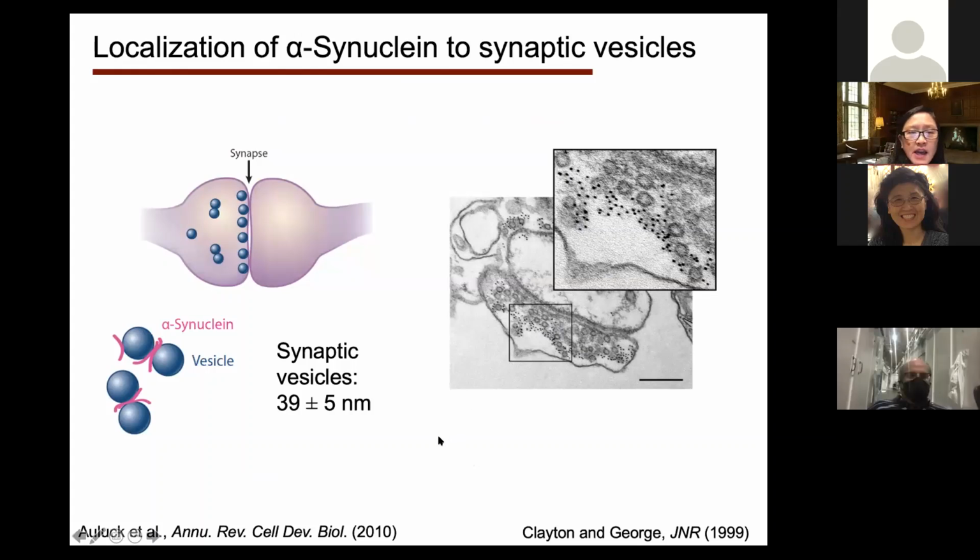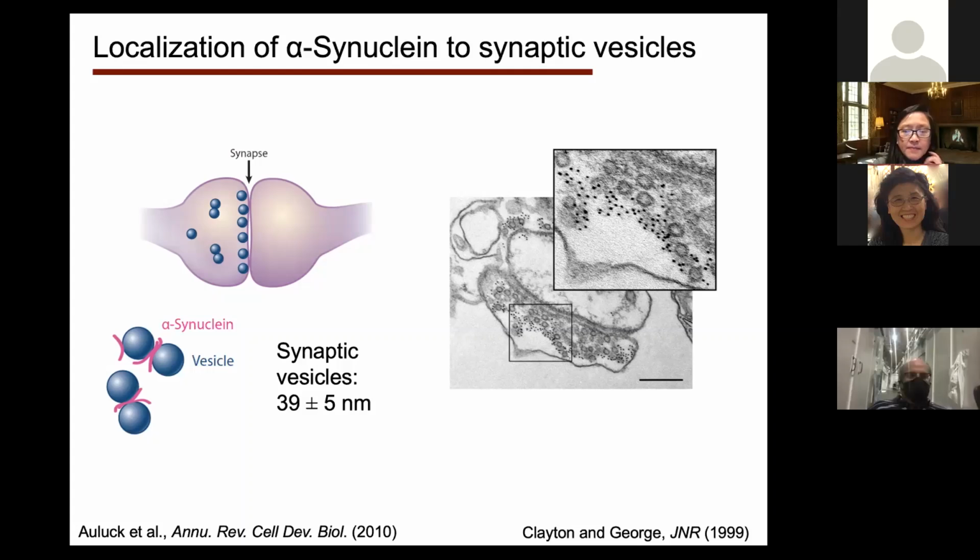what you can see is that this happens at the synapse and at the synaptic junction that is here. There are a lot of lipid species there, but there is a set of vesicles called synaptic vesicles, which are highly regulated in terms of size, on the order of 40 nanometers.